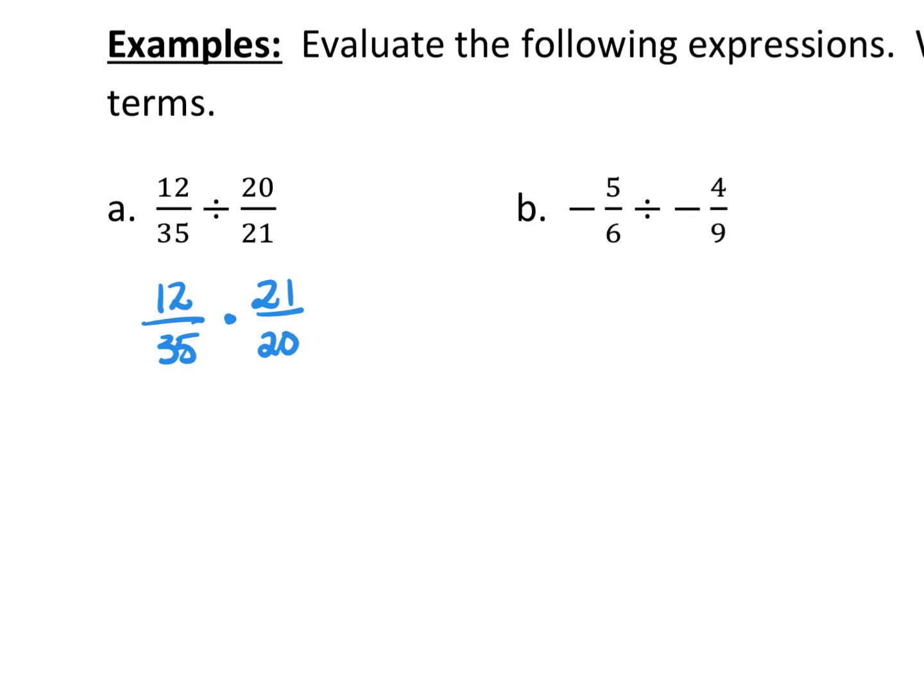It's now a multiplication problem, so we want to cancel common factors. 35 and 21 are both divisible by 7. If we divide by 7, 21 divided by 7 is 3, and 35 divided by 7 is 5.